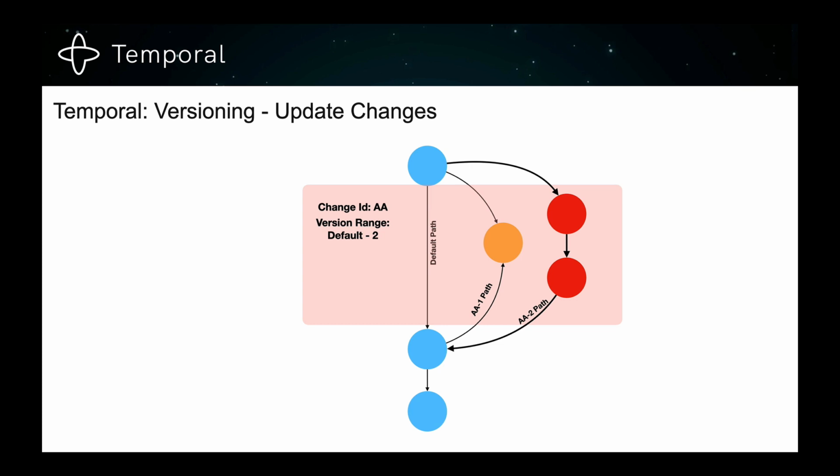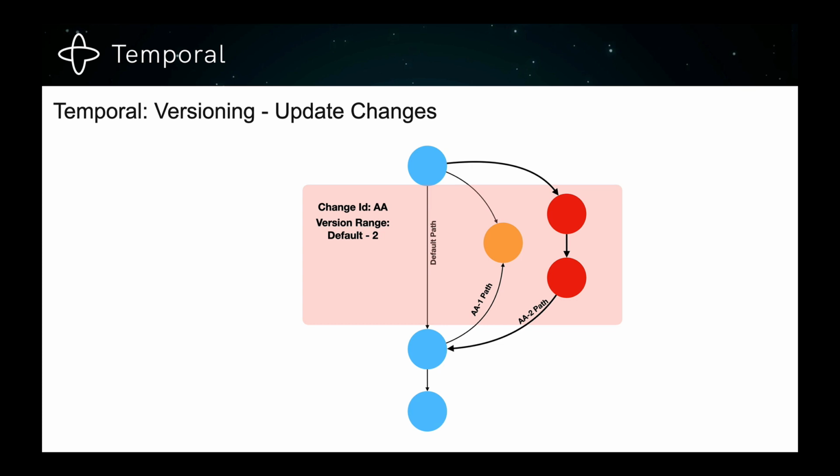And now we have support not only for the workflows without the change, so as not to break their determinism, but also workflows that have been executed with our change ID AA and version 1, as well as new workflow instances that haven't executed this path yet and are going to take the max version, version 2, of this change. Now, you can see that this can grow indefinitely.